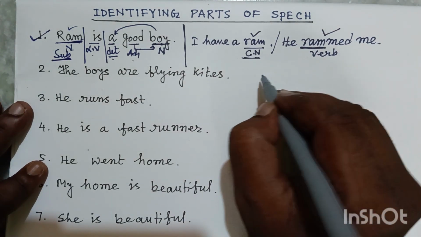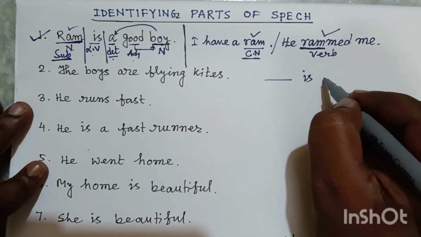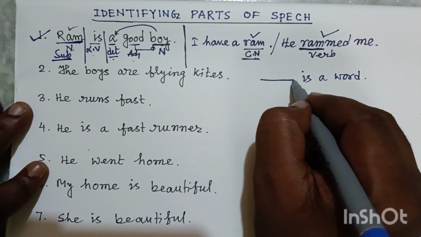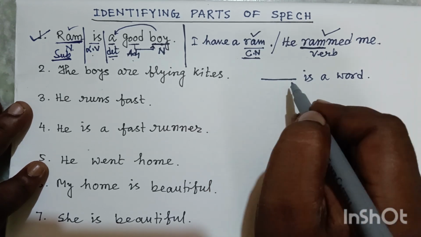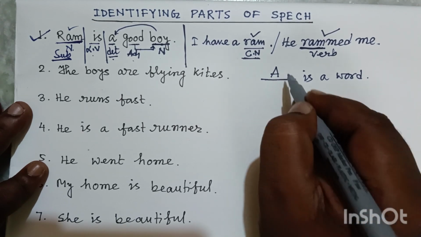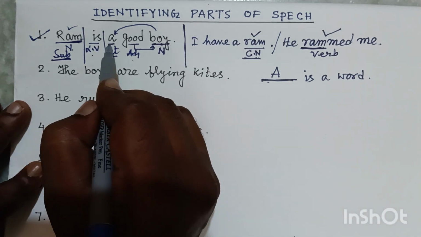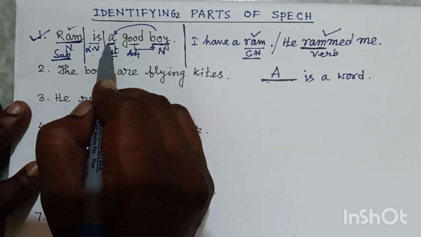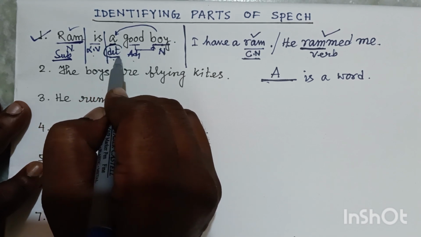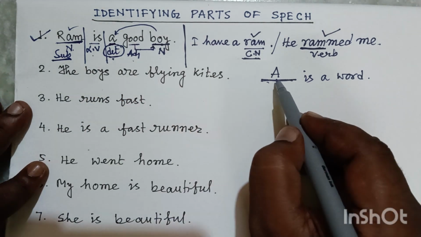Suppose I am giving you one example. Any kind of word, if you write down "dash is a word," whatever you write down here, that word will be a noun. If you write down "a is a word," it will be called a noun. But here we are writing down determiner. It is called an article, but an article actually determines the noun. That is why they are called determiners. But here it is not a determiner.